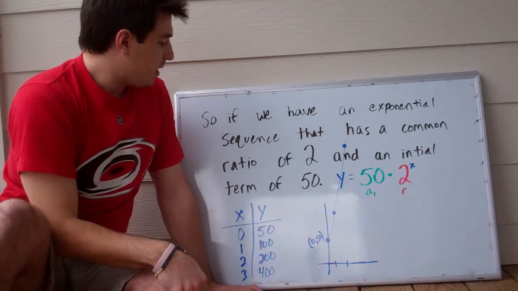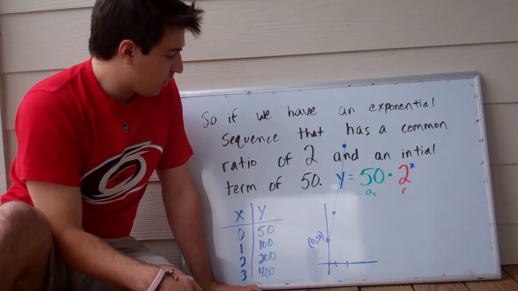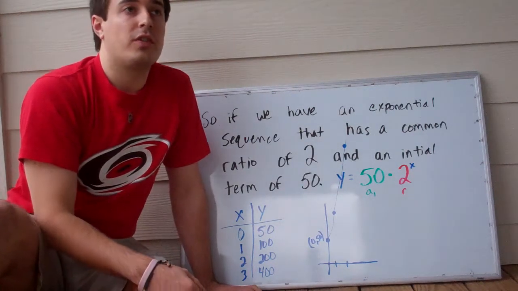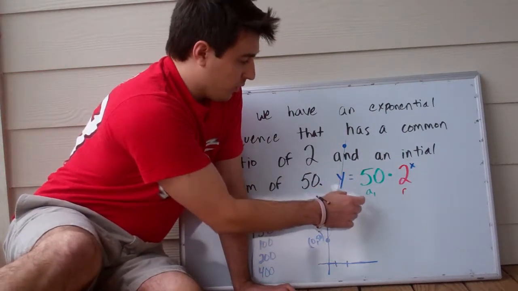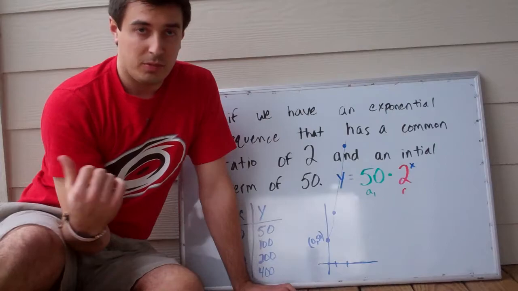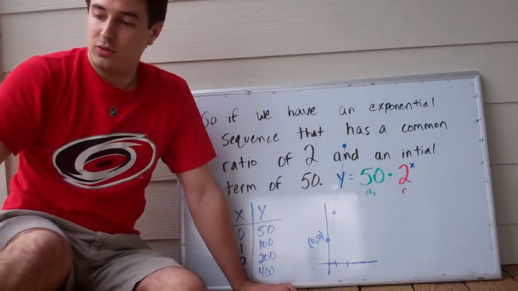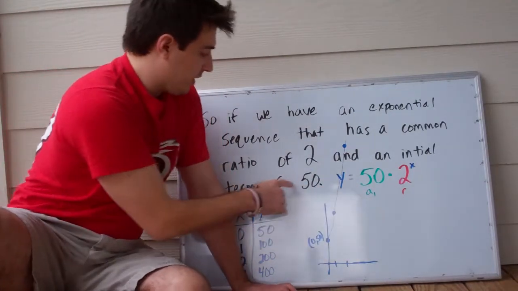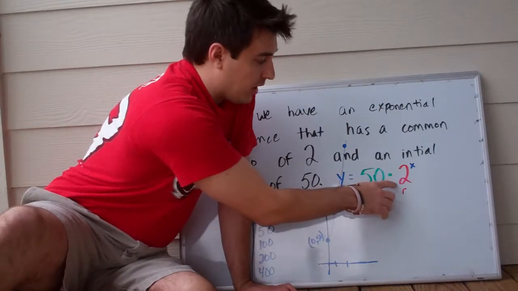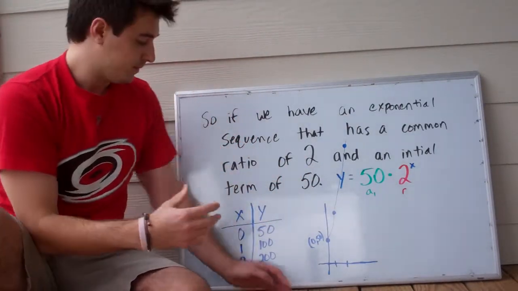So if we have an exponential sequence that has a common ratio of 2 and an initial term of 50, first off, I'd like us to practice writing this. So y equals, and I followed the same color as the beginning one, we have A1, which becomes 50, because that's our initial term, and our common ratio is 2, so the rate at which our function is growing.